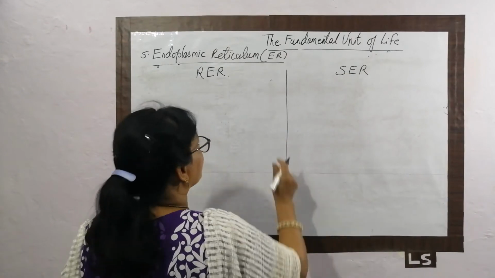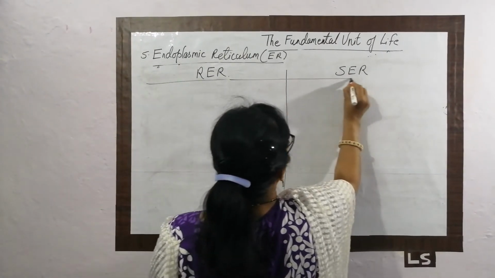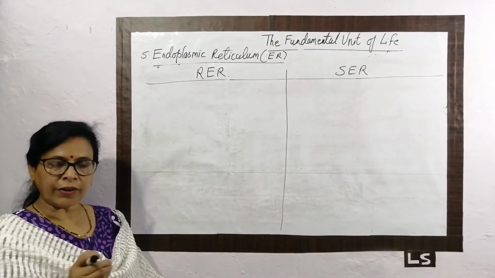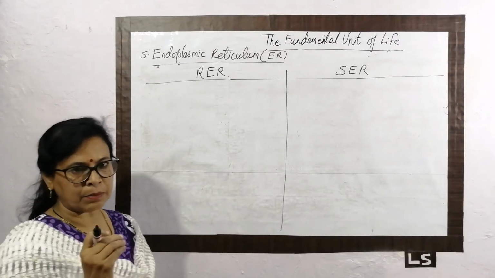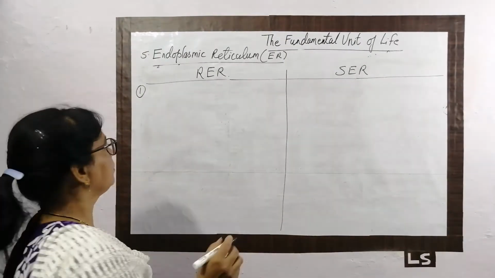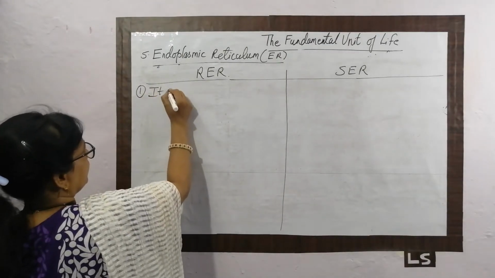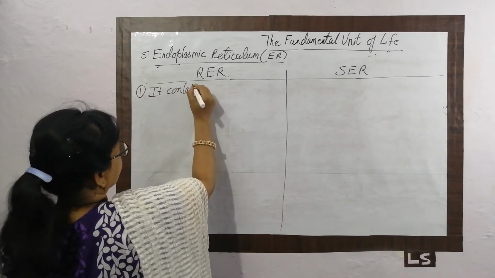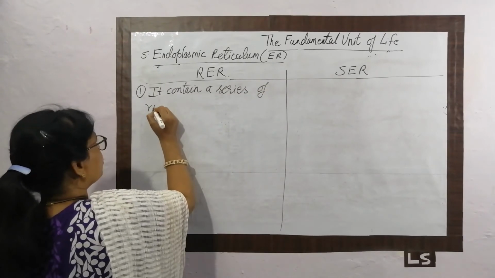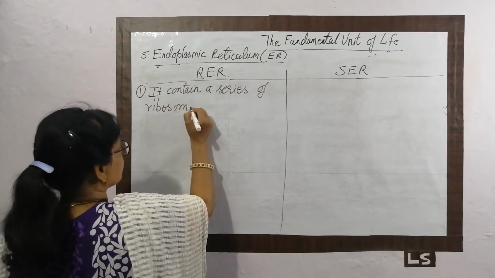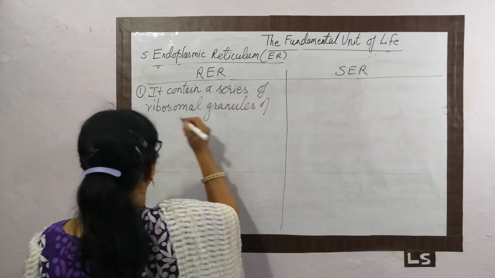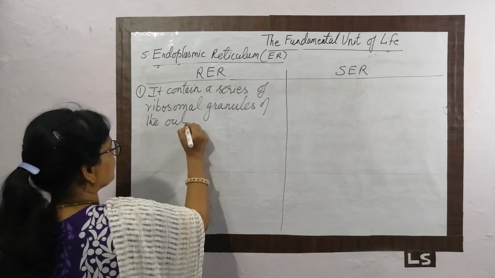So there are two types of endoplasmic reticulum. One is called the rough endoplasmic reticulum and another one is called the smooth endoplasmic reticulum. Why is the rough endoplasmic reticulum called rough? Because the rough endoplasmic reticulum contains a series of ribosomal granules on the outer membrane.